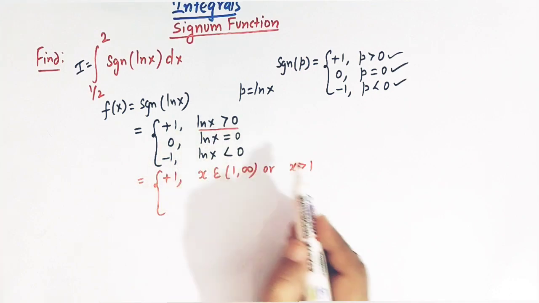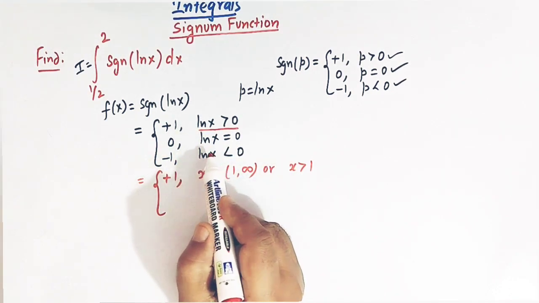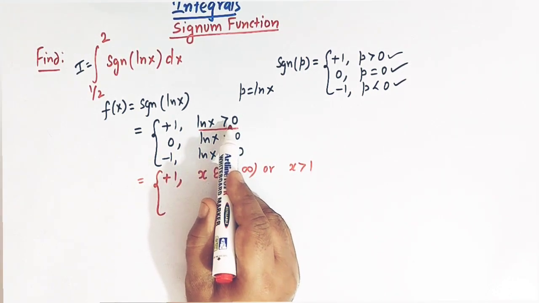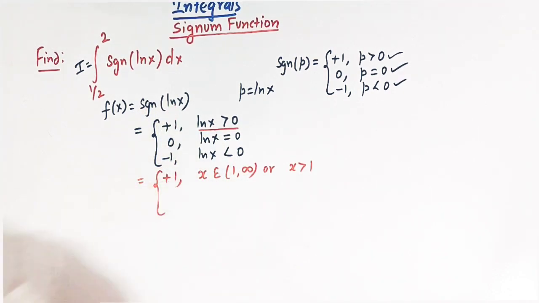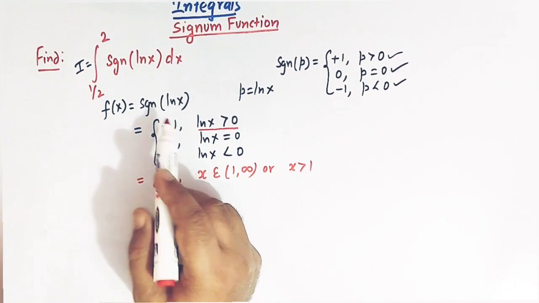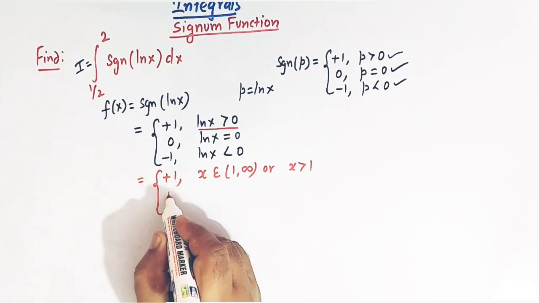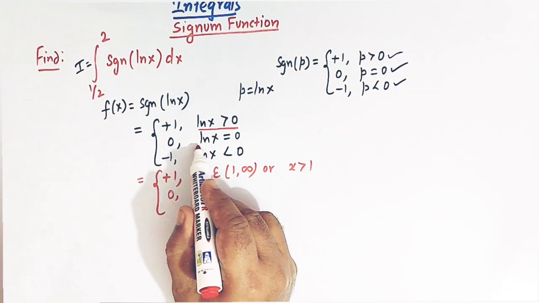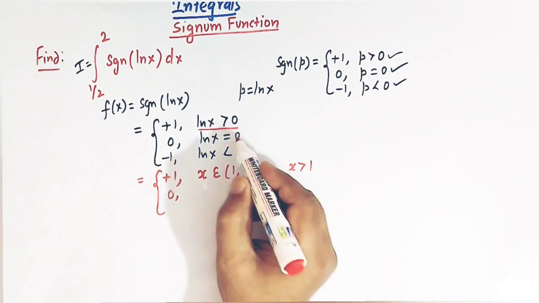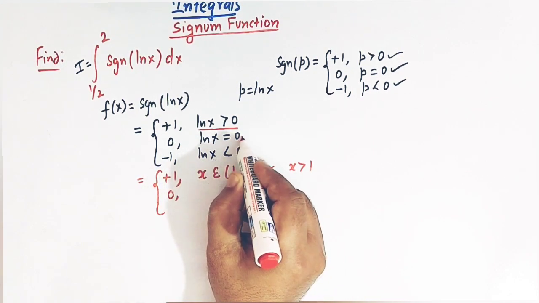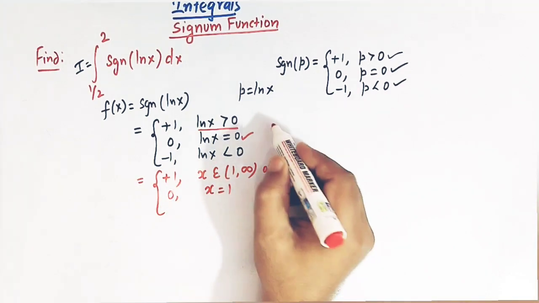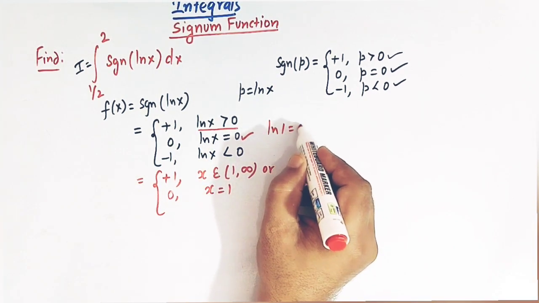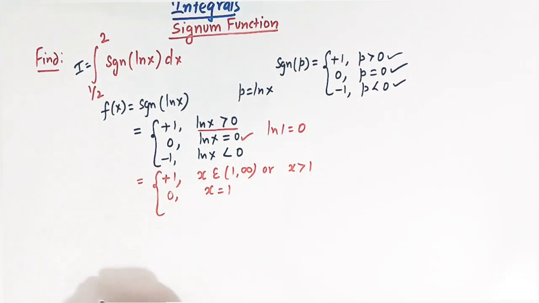So when x is greater than 1, log of x is greater than 0 and signum of log of x is plus 1. Now signum of log of x is 0 when log of x is equal to 0, and log of x is equal to 0 whenever x is equal to 1, because log of 1 is equal to 0.